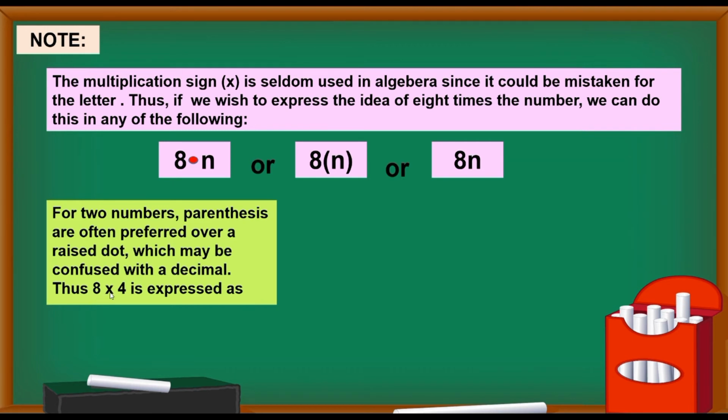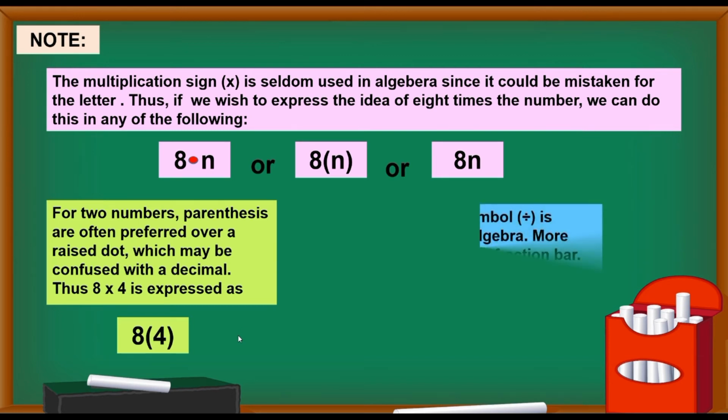Okay, so for example, thus 8 times 4 is expressed as pwedeng 8 tapos parentheses 4. Since hindi na tayo gumagamit ng x kasi pwede siyang gawing letter, at yung gitna, yung tuldok naman po ay pwedeng maging mukhang decimal point. Kaya hindi na siya ginagamit. So, ang ginagamit na po natin ay yung parentheses.